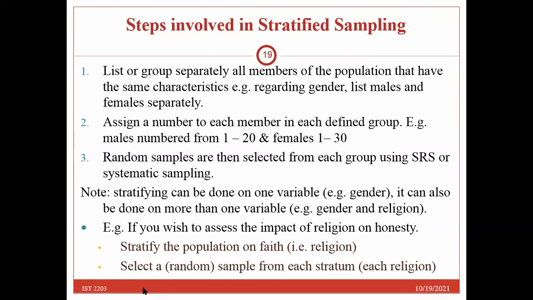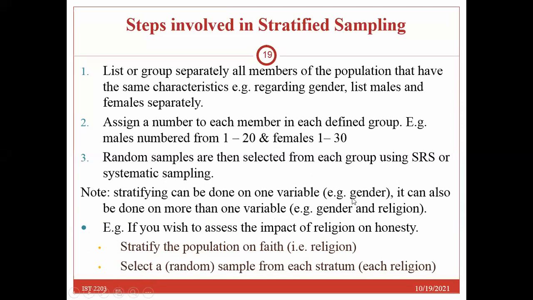Note that stratifying can be done on one variable, that is gender. It can also be done on more than one variable, let's say gender and religion. So you can say males who are Muslim, males who are Protestant, males who are Catholic.